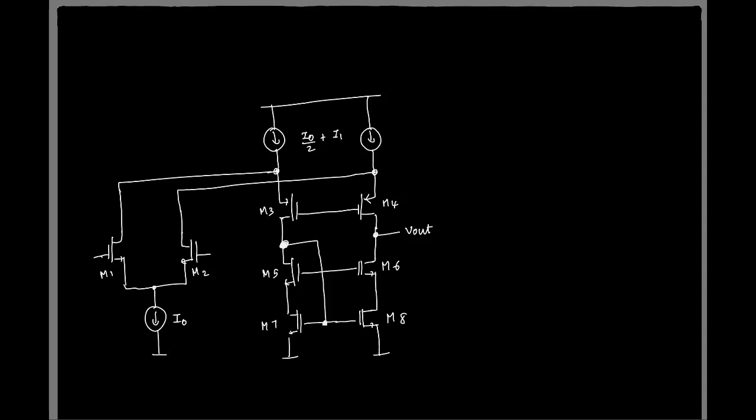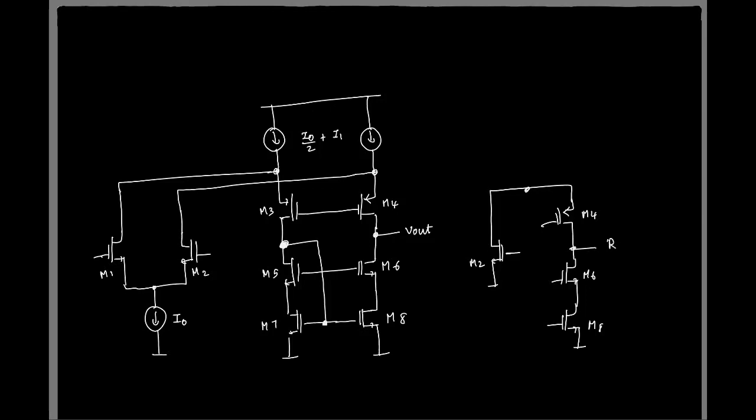At the bottom you have M8, you have M6, M4, and then M4 you have the connection to M2. Okay, so this is M2, M8, and that's it.